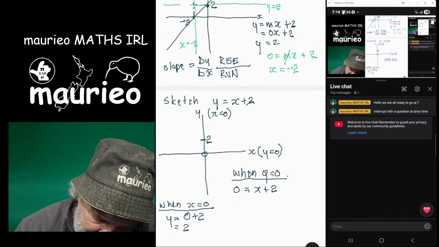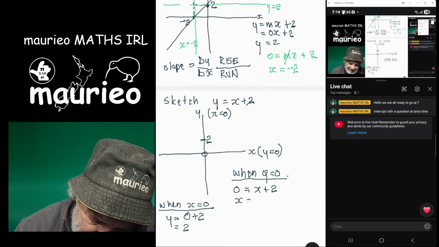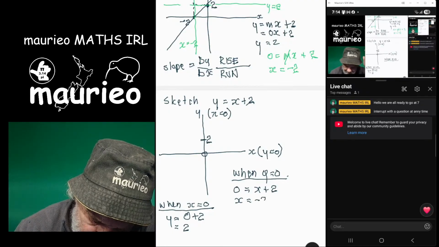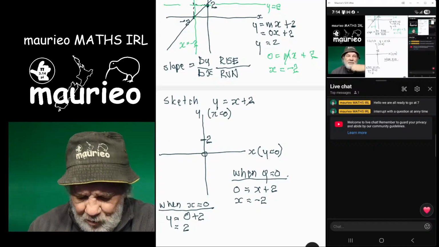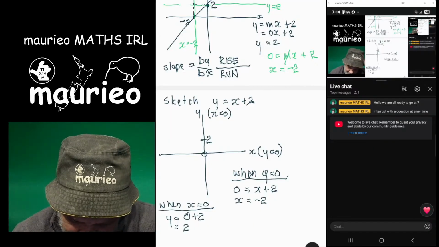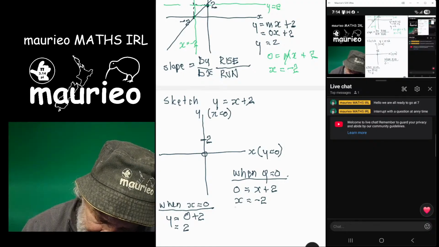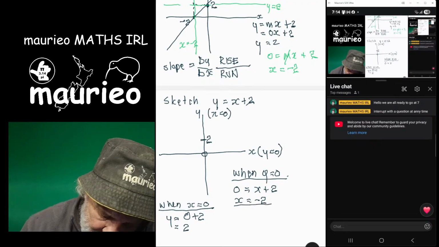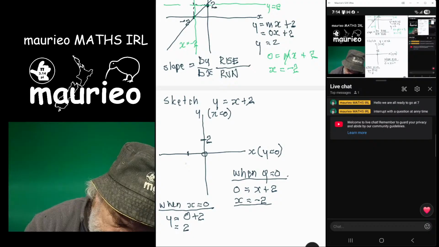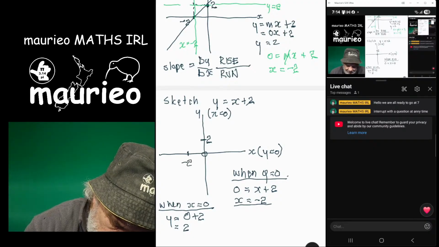And then we can say x equals x plus 2, negative 2. We're working with when y equals 0, and we can put in the point plus 2, negative 2.